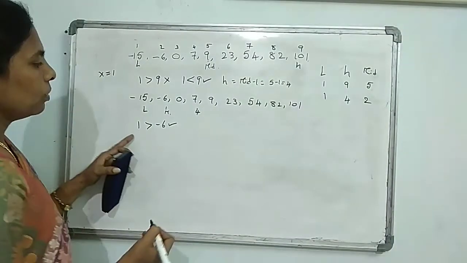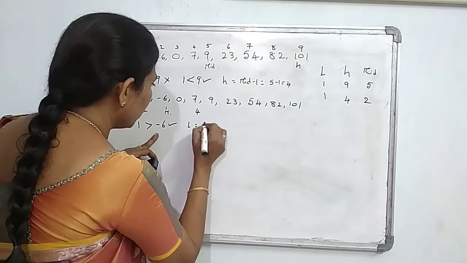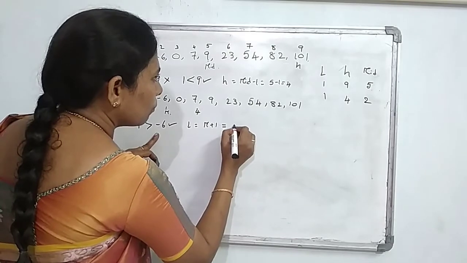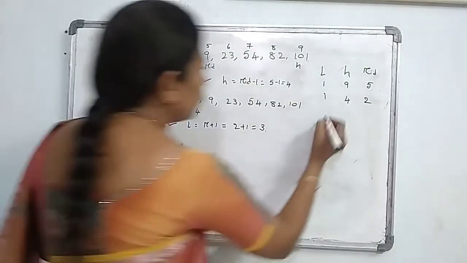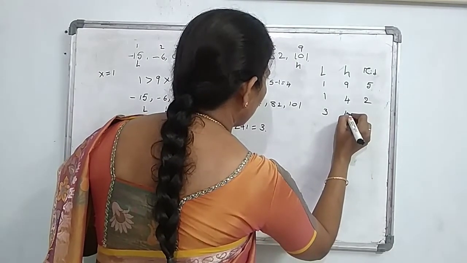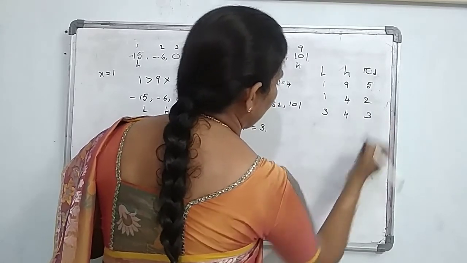Yes. So 1 greater than minus 6, in that case you can change low equal to mid plus 1. That means mid is 2, 2 plus 1, 3. So low equal to 3, high equal to 4 and mid equal to 3.